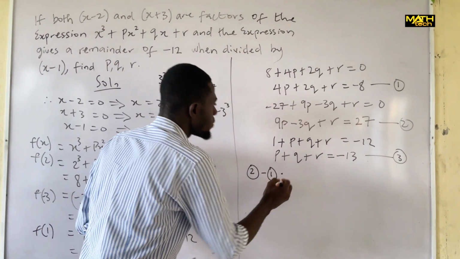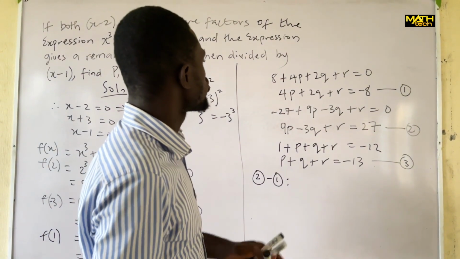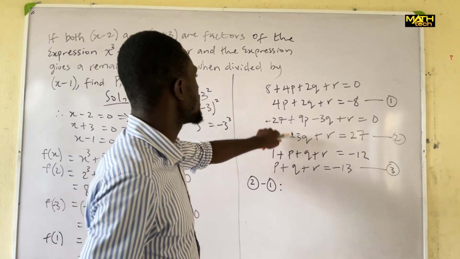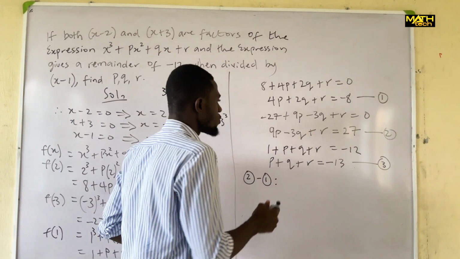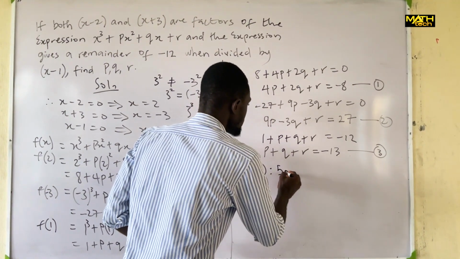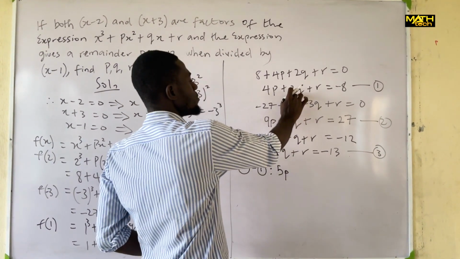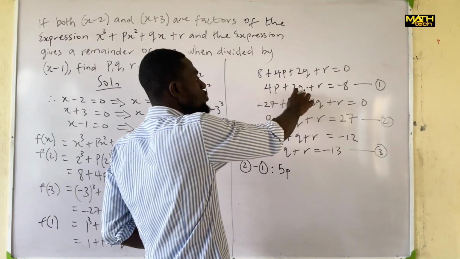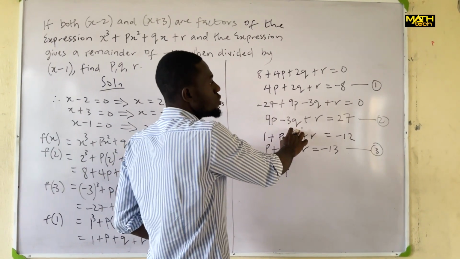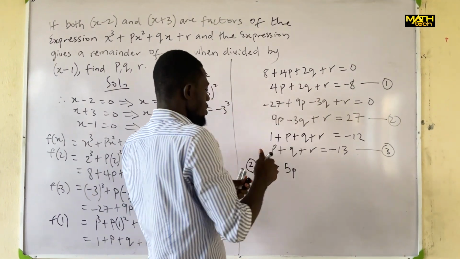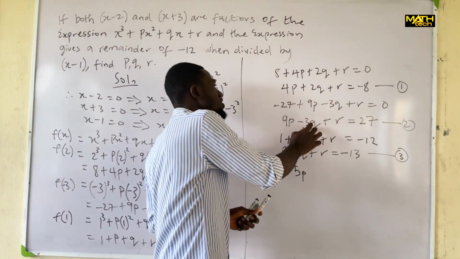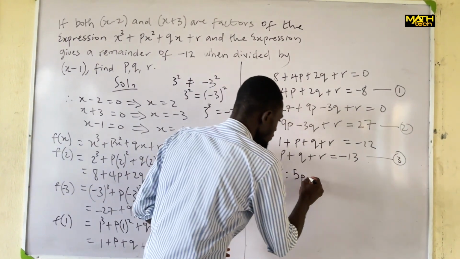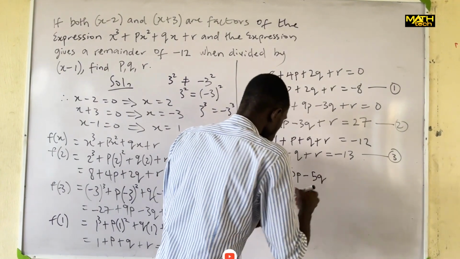Now having equation 2 minus equation 1, you're having 9p minus 4p. 9p minus 4p will give us what? 5p. Minus 3q minus plus 2q. Now when the minus multiplies the plus, it turns what? Minus. So it will be minus 3q minus 2q, and that will give us minus 5q.